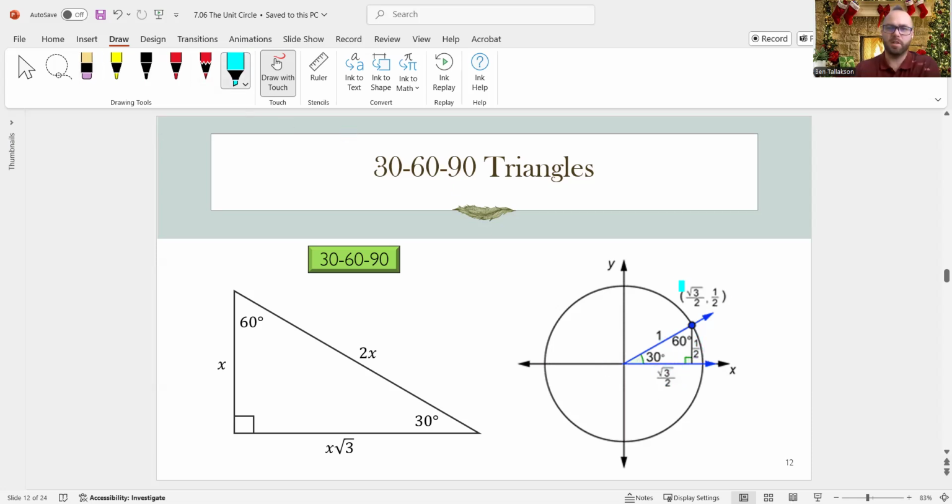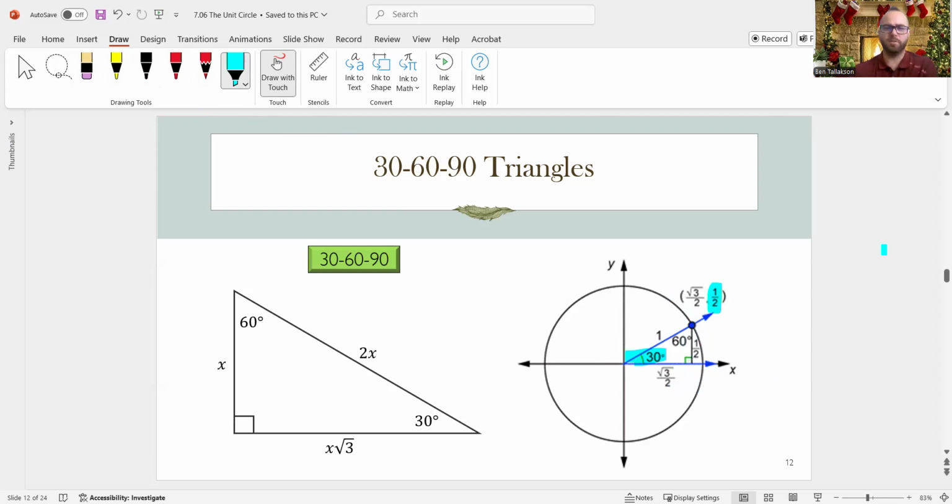And for 30, 60, 90, these are the coordinates. Okay. What is the sine of 30 degrees? Remember, 30 degrees is the central angle, the one we really care about. And the y value of the ordered pair is the sine. So 1/2 is the answer.